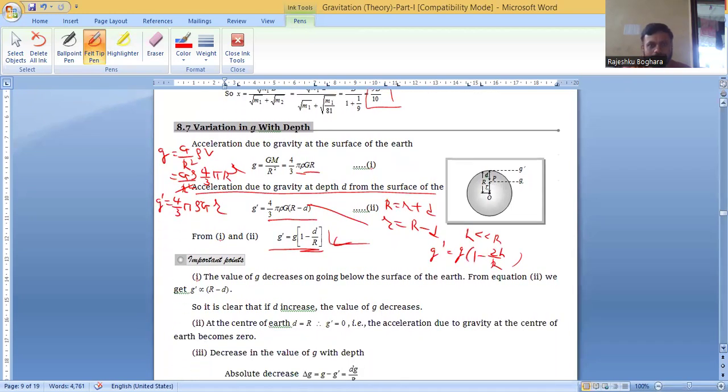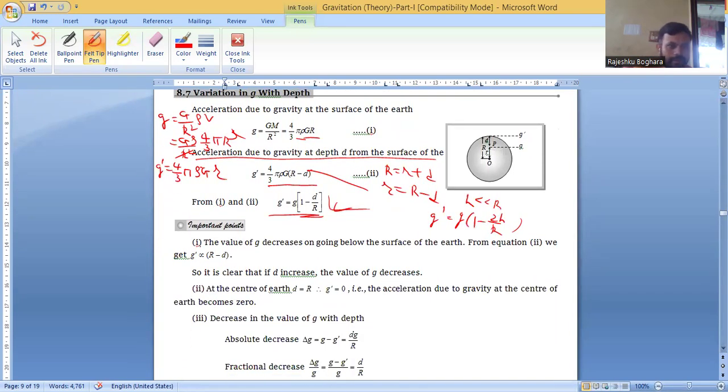Now important point: the value of g decreases on going below the surface of the earth. It will decrease; as depth increases, g decreases. Okay, it is clear.